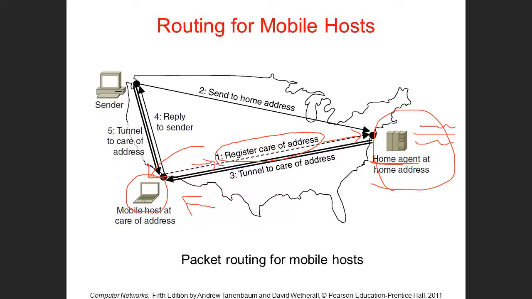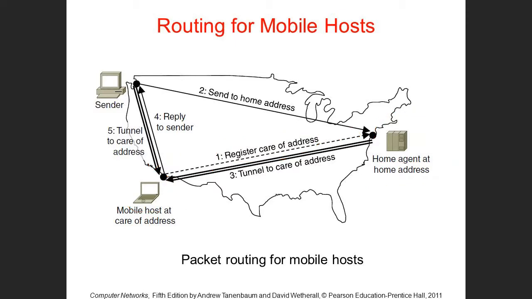All right. Once this home agent knows where this mobile host is, any data coming to it, I will show. Let's have a whiteboard activity and simplify the whole thing. Suppose we have a few networks.